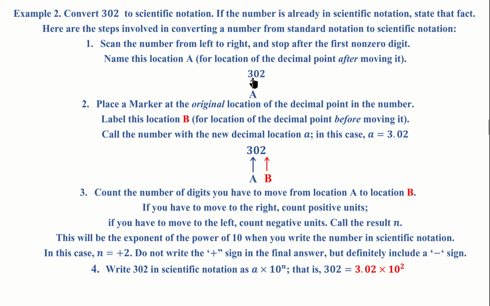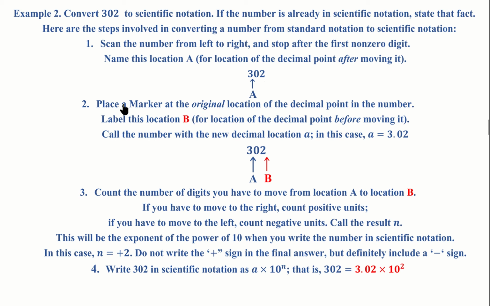In this case, you can see that the first non-zero digit is the 3. So we put it there, and we'll label it A because this is going to be the location of the decimal point after we move it in order to put it in scientific notation. So we're using A for after.